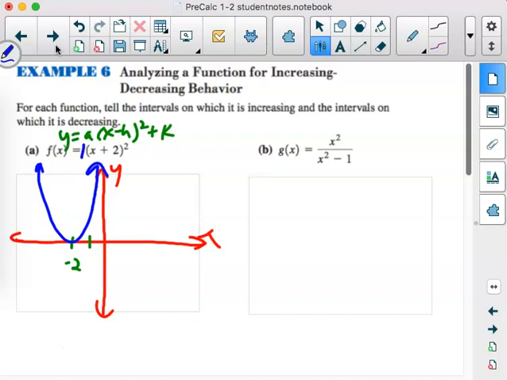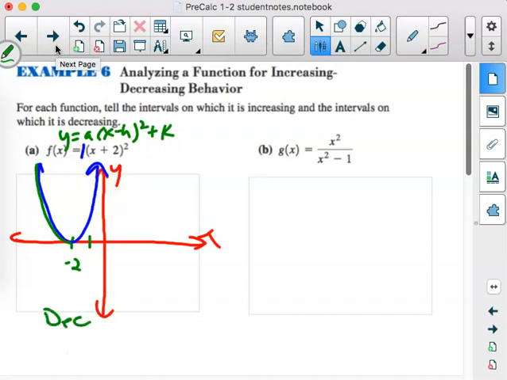So then I started thinking, this one's not going to have a constant. There is no stretch of this curve that comes out flat and horizontal. But as I read it from left to right, that's decreasing from left to right.